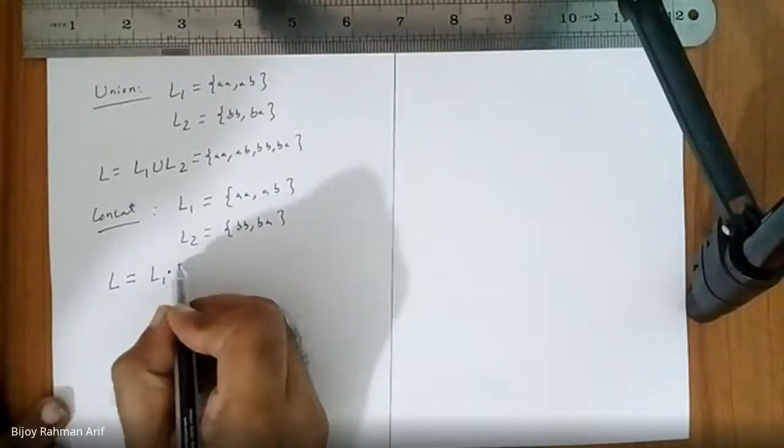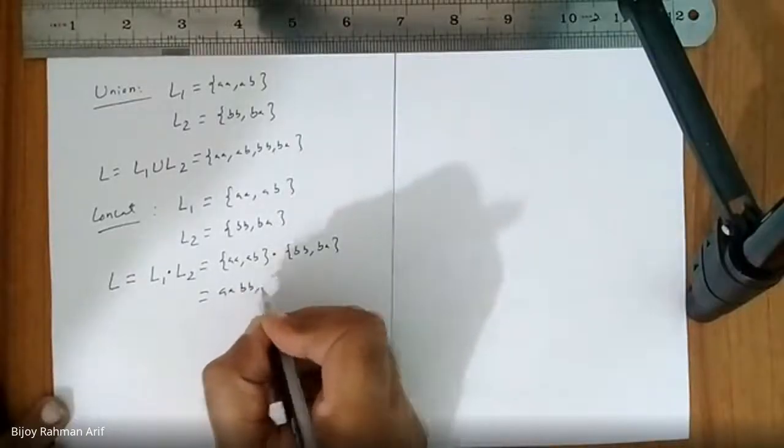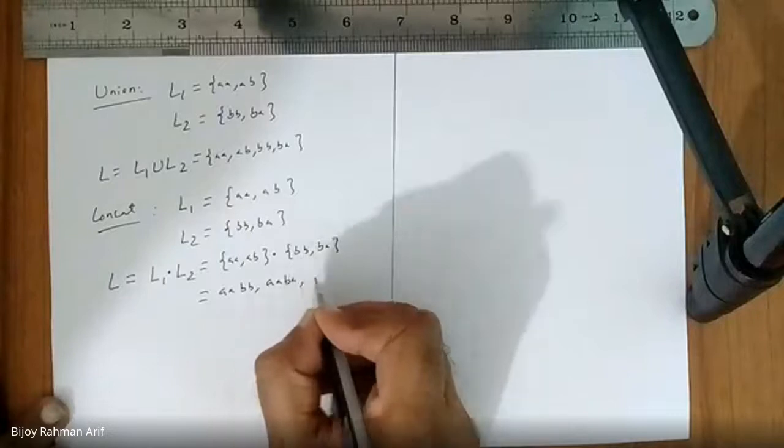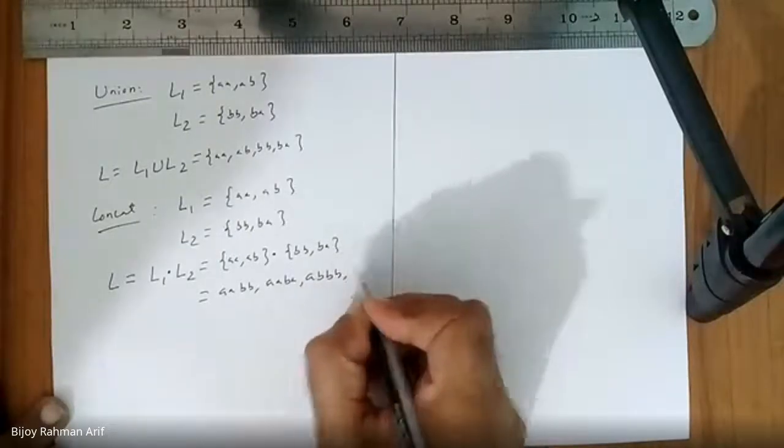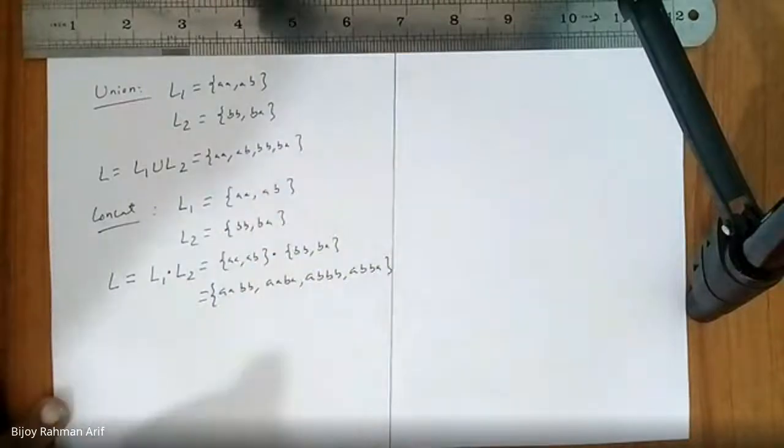L1 then L2, or L2 then L1? AA BB, AA BA, AB BB, AB BA. This is the concat.